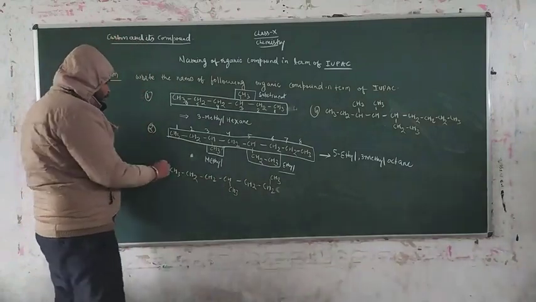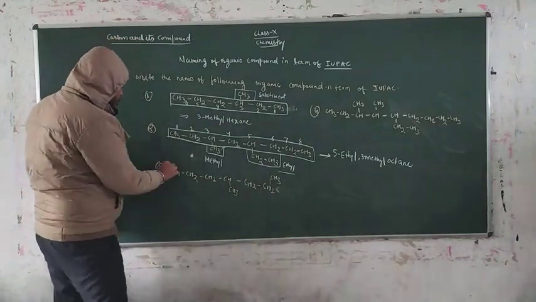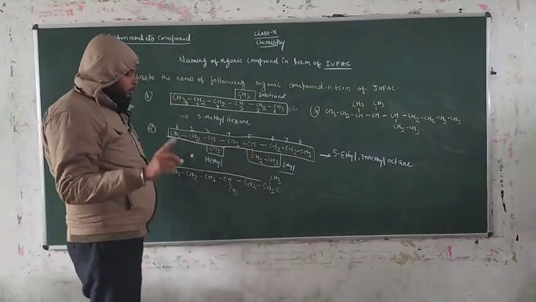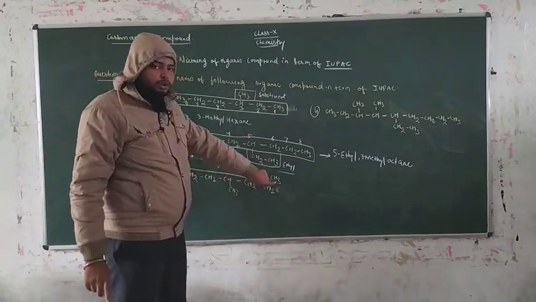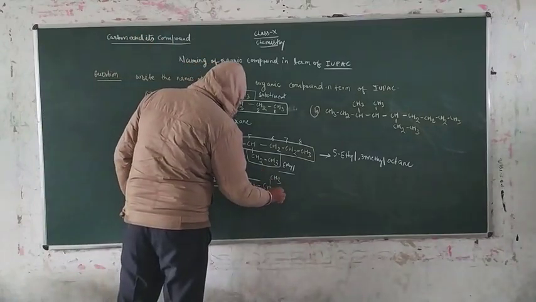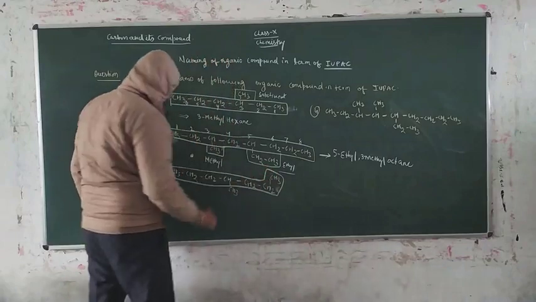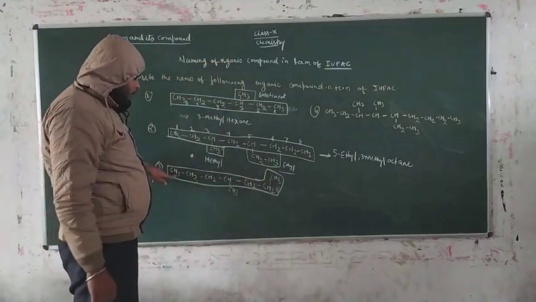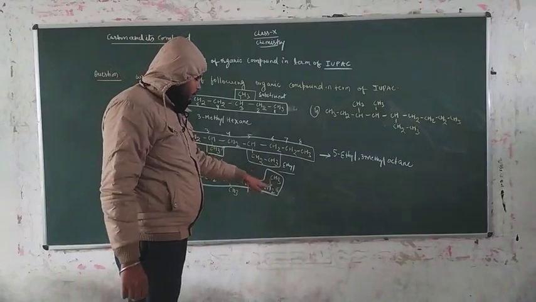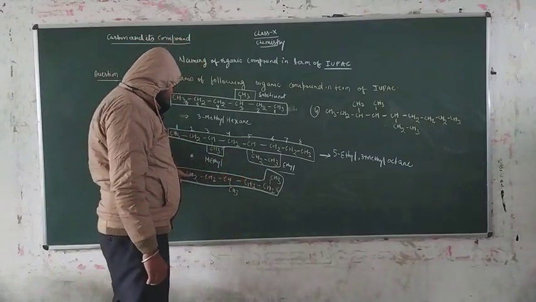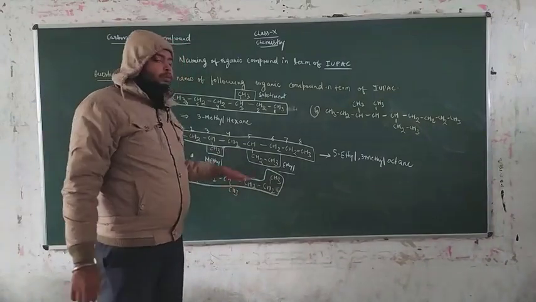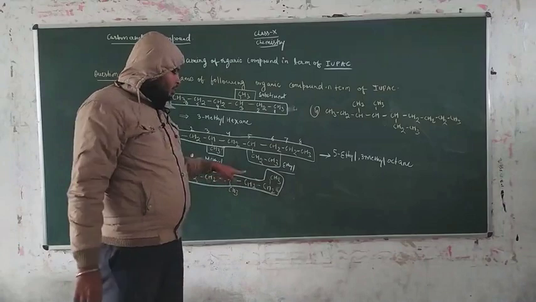Now the third question. The parent chain is this. First of all, see the structure here. This is not a substituent. This is part of the parent chain. In terms of numbering, 1, 2, 3, 4, 5, 6, 7. The substituent comes at the same place from left to right or right to left.